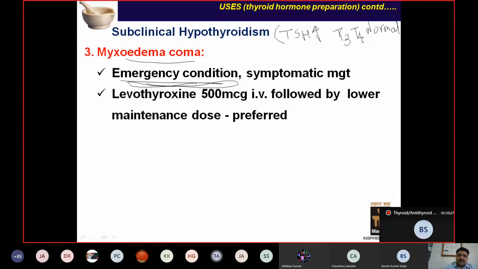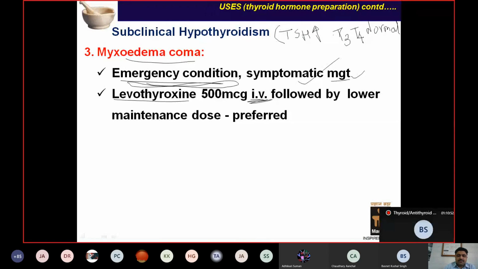The temperature of the patient will go down, so we have to increase the temperature. Adrenal suppression is also there, so we use corticosteroids and other symptomatic management. Apart from that, we can give levothyroxine, the T4 preparation, intravenously.